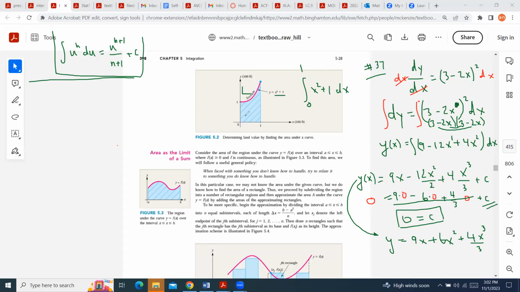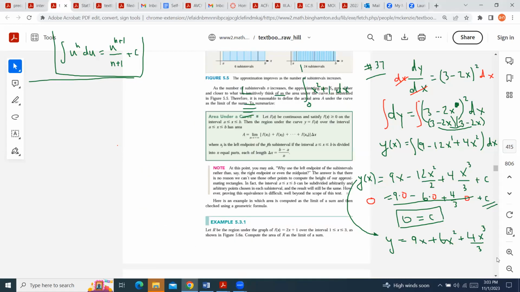So we can find the blue area, which is not really the area of a rectangle or triangle, but the area of some curvy thing. How about that? And I can give you a little example of it.